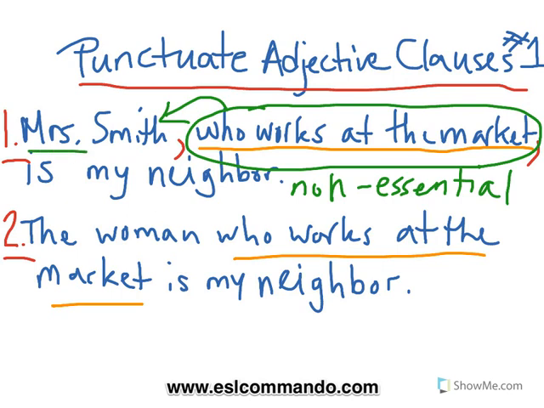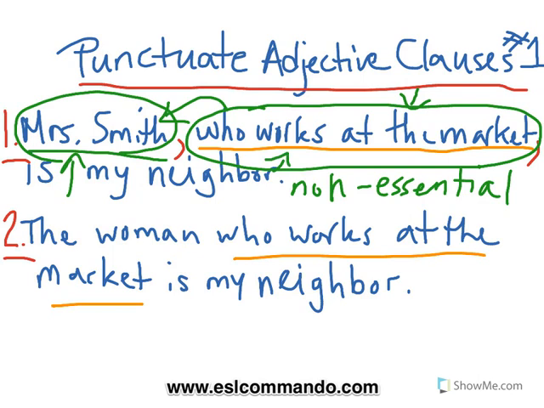We already know who this person is. This information is helpful, but it does not give us necessary information to identify who this person is. So we would still know who Mrs. Smith was without this information here.